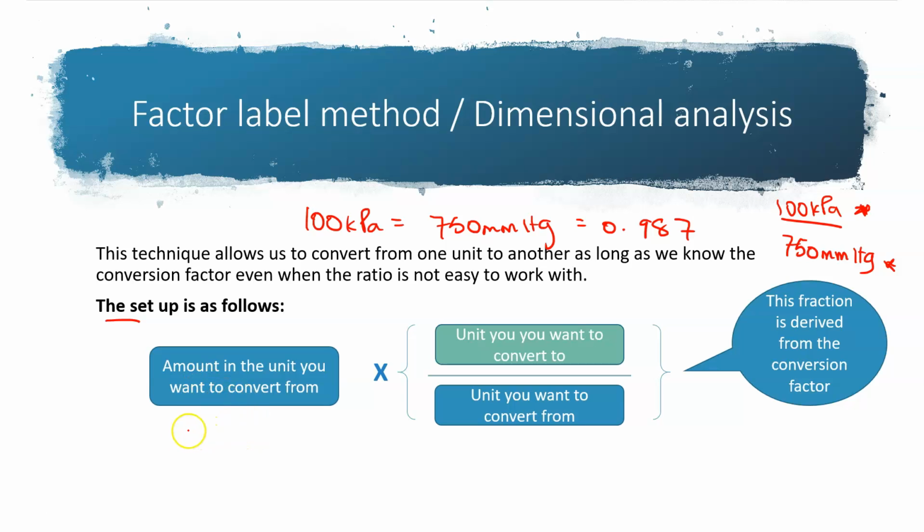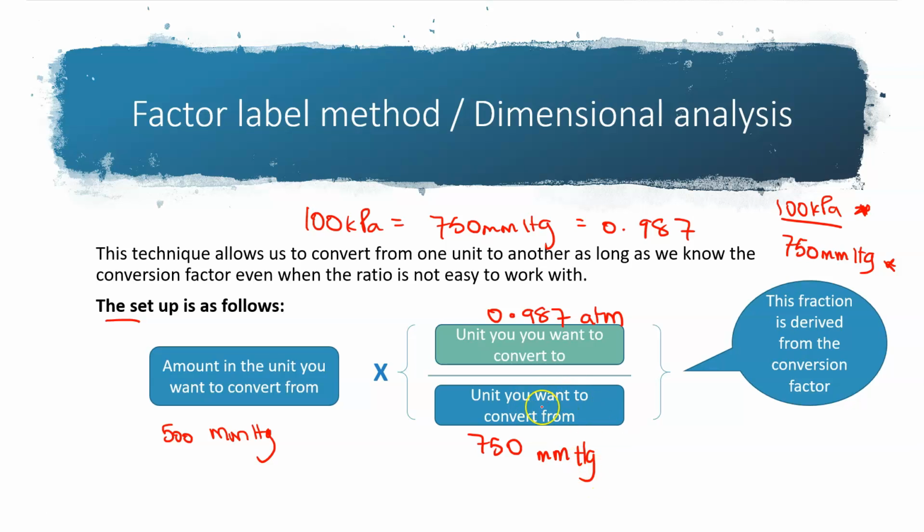So say we want to convert from millimeters of mercury, and we want to do 500, and then we want the unit we want to convert to. So this is going to be our conversion factor. So if we want to convert to atmospheres, this would be 0.987 atmospheres, and then on the bottom we want to put the unit we're converting from, the conversion factor. So that's millimeters of mercury, so 750 millimeters of mercury.